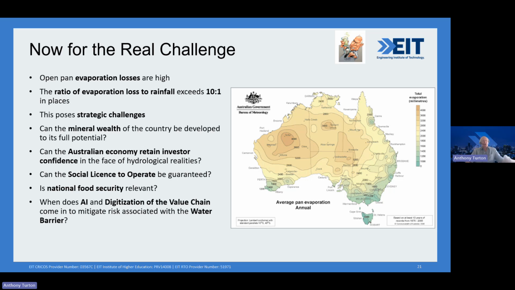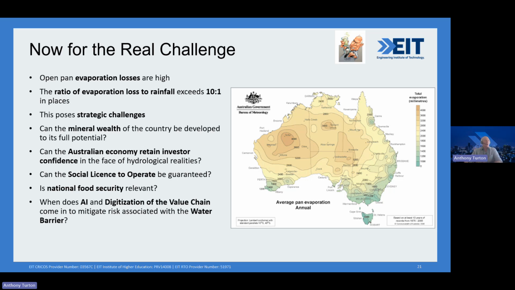And this is where it gets into a really exciting part of the future of engineering and the convergence of engineering and intelligent systems. This poses strategic challenges for a number of governments and a number of investors and a number of mining houses.